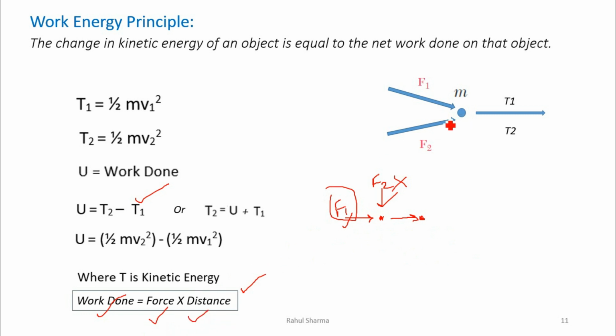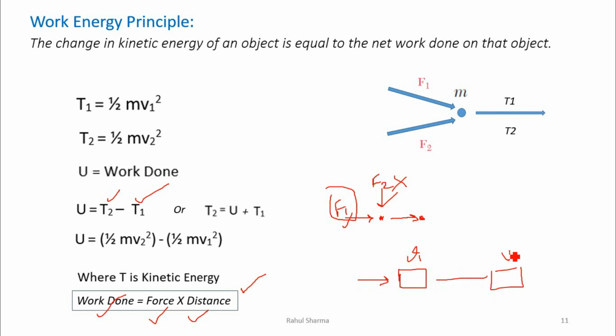So similarly, when we talk about the kinetic energy, you have to again see that kinetic energy is final kinetic energy minus initial kinetic energy. If any particle is here, having the velocity v1, due to the external force applied it has traveled a distance and it reaches here.